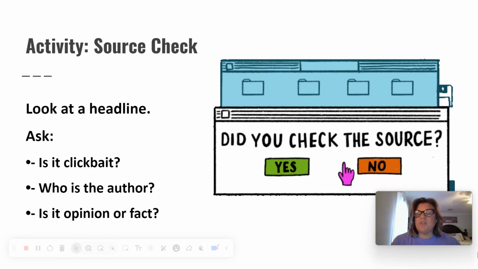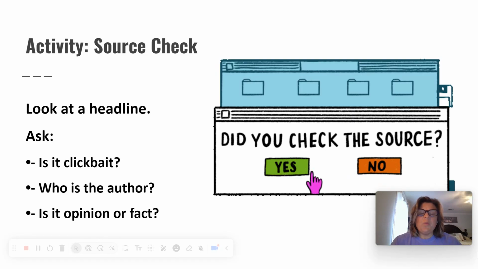You have the students look at a headline. You could pick one for them or actually have the students find their own headline. And then they would have 3 questions to ask themselves. Is it clickbait? Who is the author? Is it opinion or is it fact? Depending on what we're studying, I would try to find a headline that tied in with the topic.